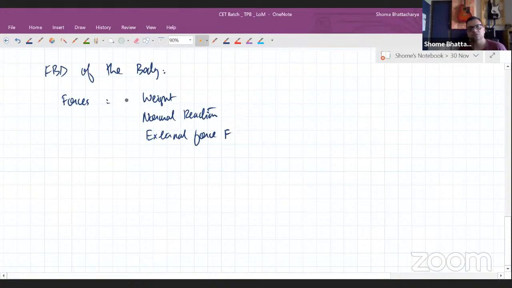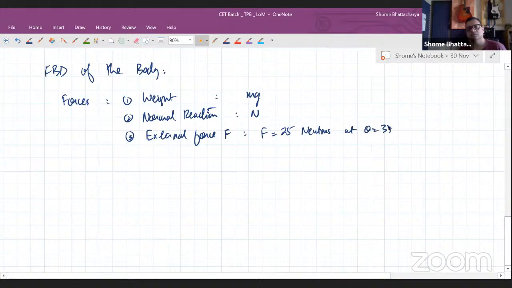These three forces will have to be considered. Okay. So the weight will be mg, normal reaction will be N, the external force F. Now this is equal to 25 newtons, at theta equal to 37 to the horizontal. Okay, like this kind of direction we've seen.